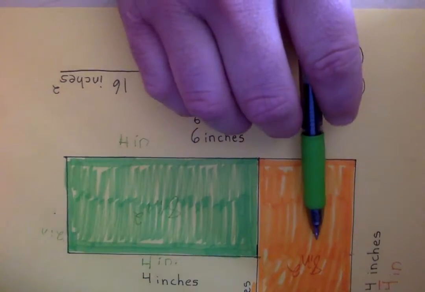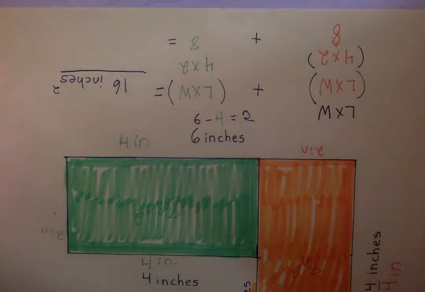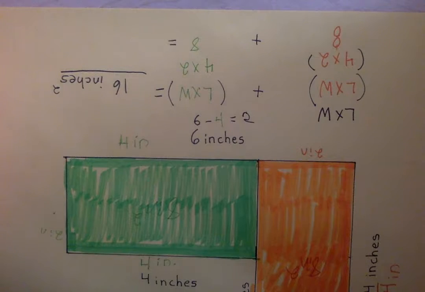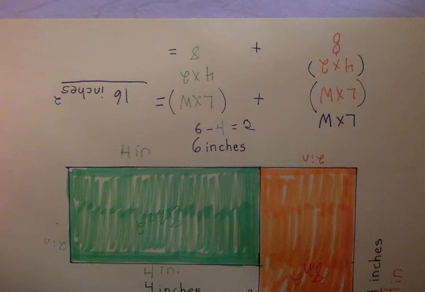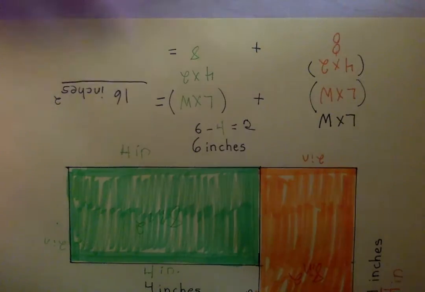Green and orange are actually congruent figures if you look at this. That's something you'll get into later on once you get into 7th grade into high school. So our result is 16 square inches is what the whole figure is.